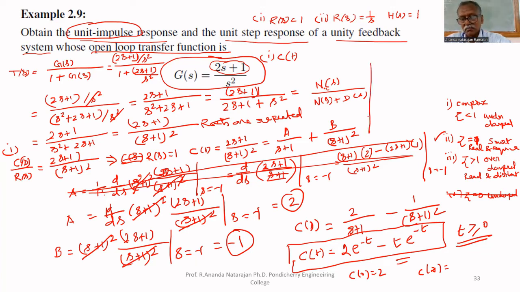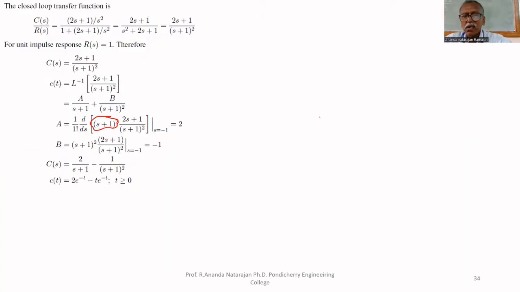Let us check the final value theorem. What is the final value theorem? It is not asked, but let us check. C of infinity equals limit s tends to 0, s times (2s plus 1) upon (s square plus 2s plus 1).